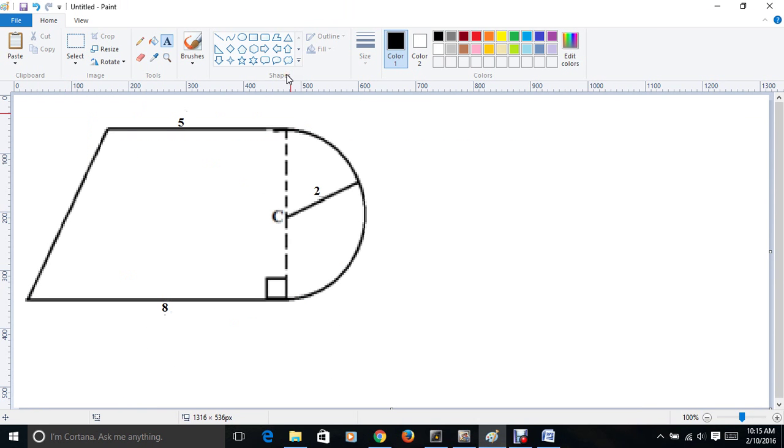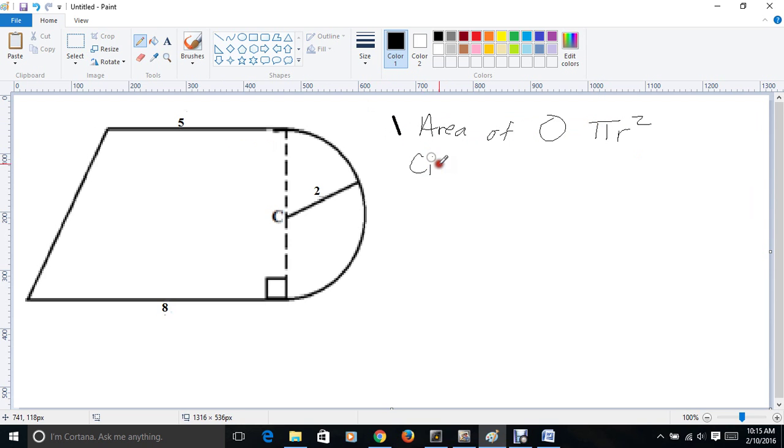So the way we do that is, first of all, we need to remember what all the formulas are. The area of a circle is pi r squared, where r is the radius.